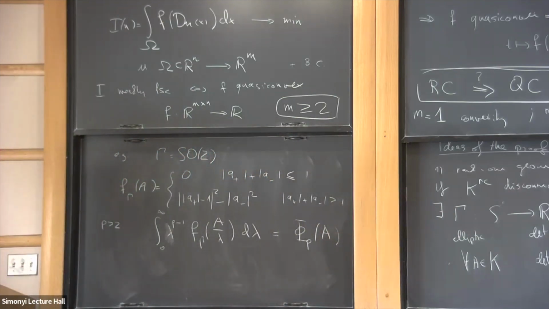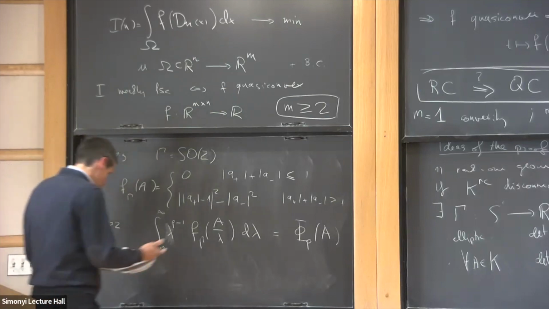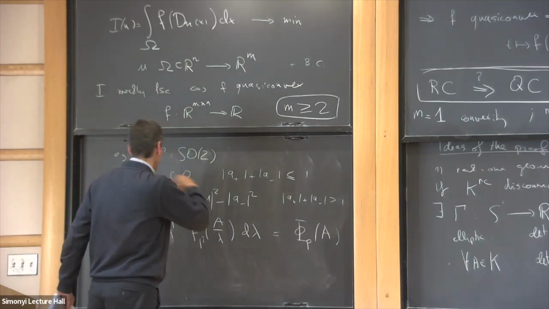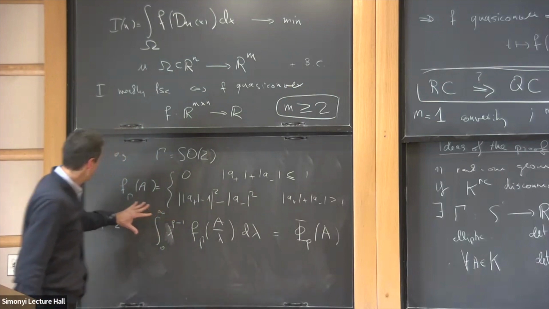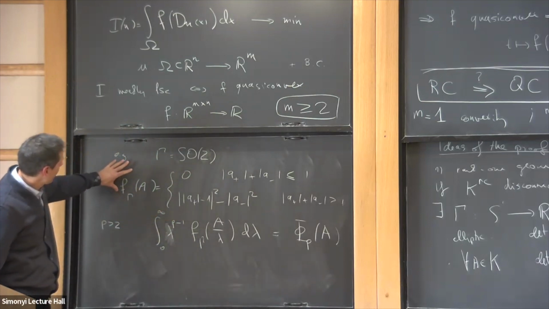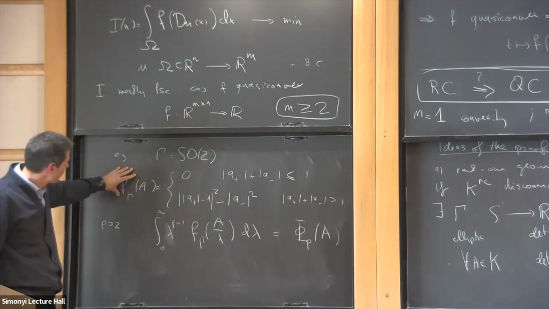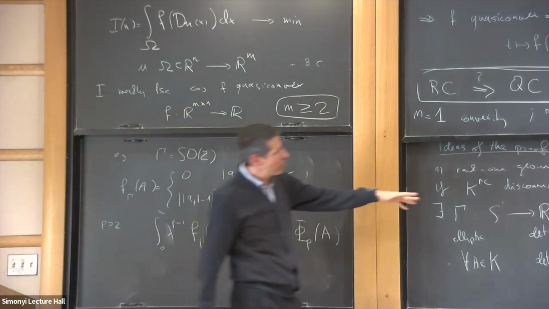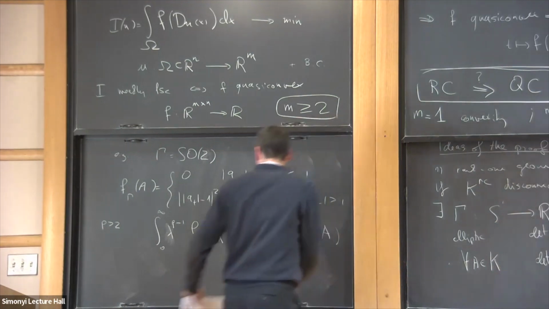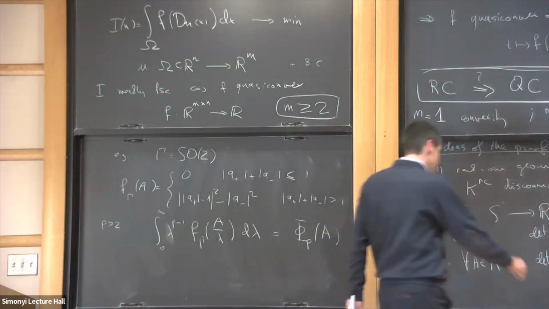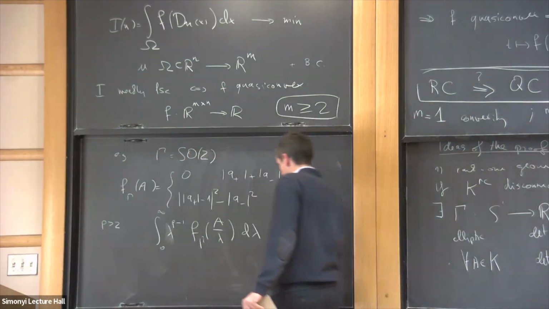What is interesting is that not only is this F a rank 1 convex function, it has more properties, because of the way it's defined. In particular, this is related to how people use this construction.